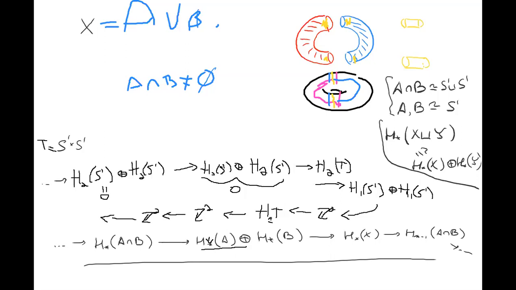And then I guess this should be Z because it's path connected. So we know that because this is a 0, this map is injective, F star.